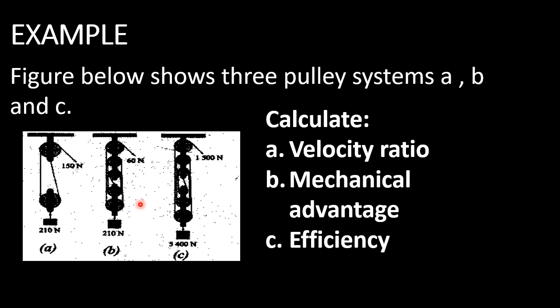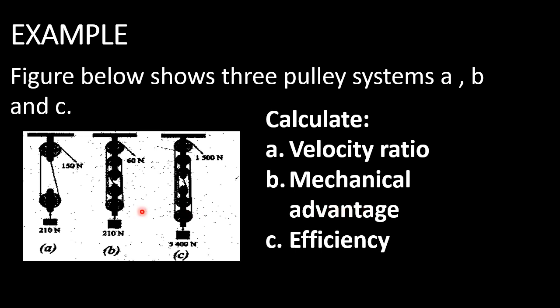All right, so like we said, velocity ratio is simply equal to the number of parts of strings or sections. So here, for the first part, obviously you can see that this one has a velocity ratio of 2. Just count the number of sections there. To calculate mechanical advantage, simply apply the formula.